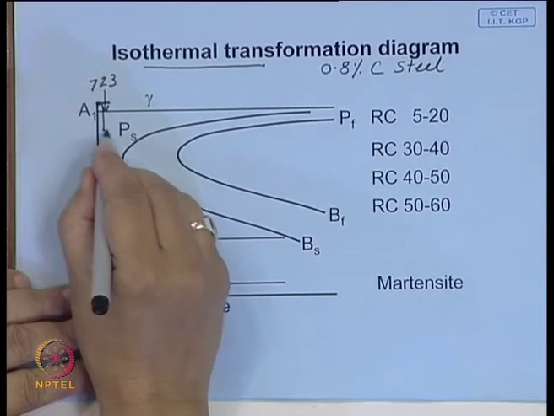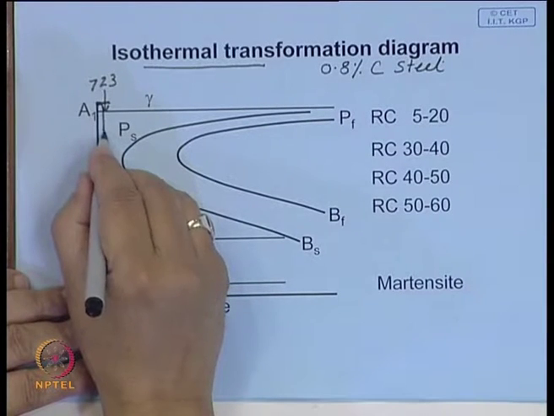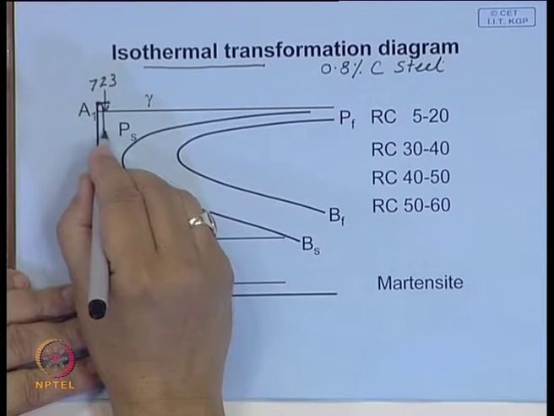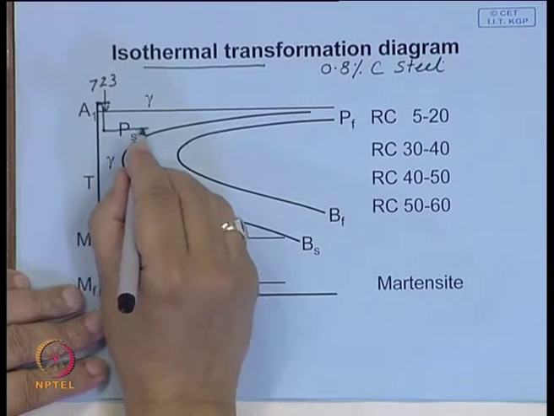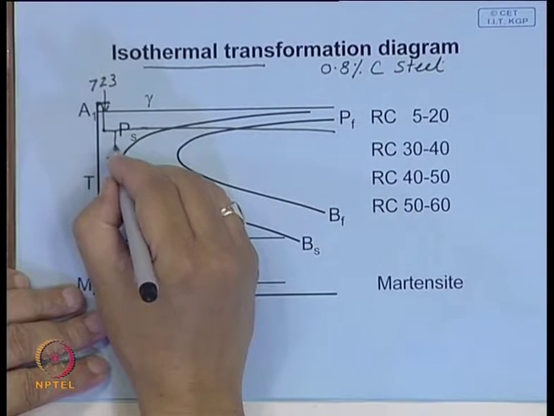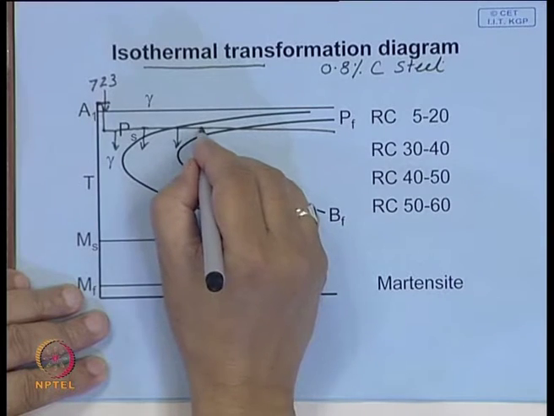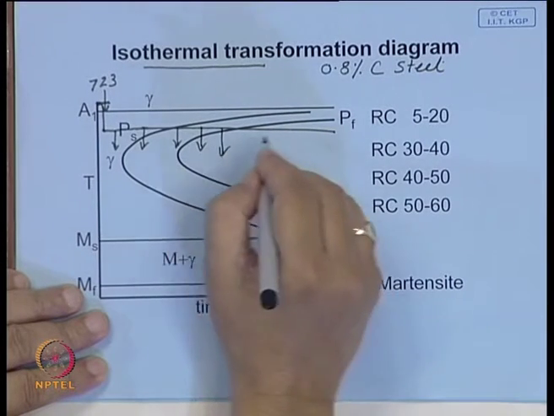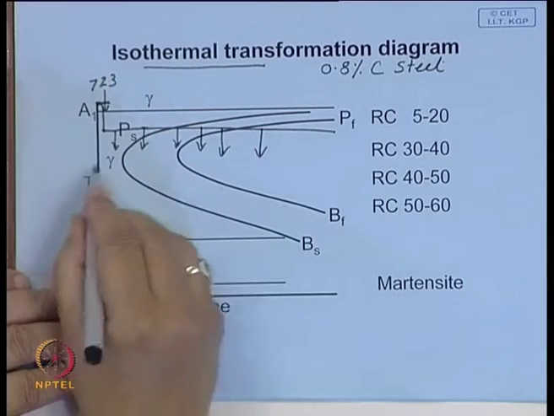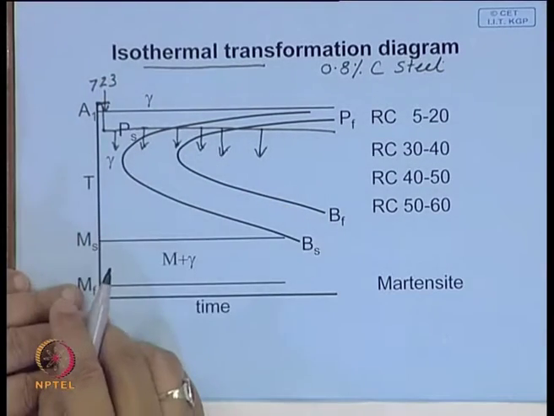Let us say you have a bath, say a molten lead bath, you have dipped the sample, and suppose you keep it for different lengths of time and then you quench, one after this time, another after this time, another after this time, and you can look at the microstructure of each of these at room temperature.